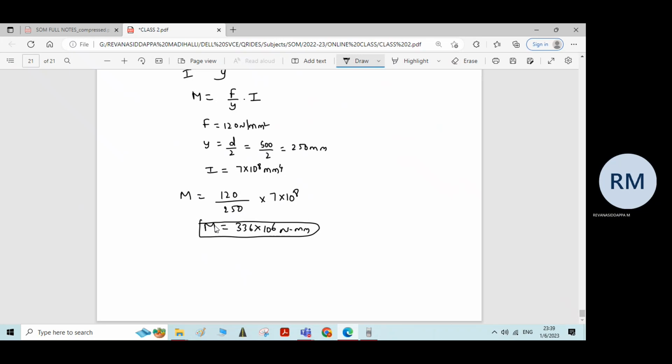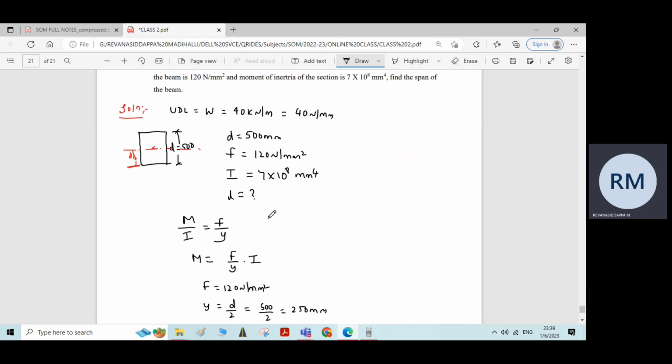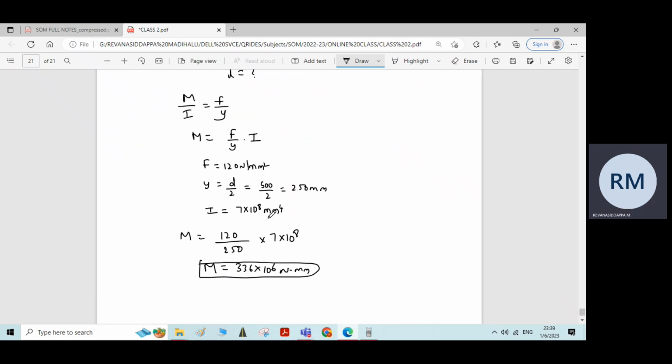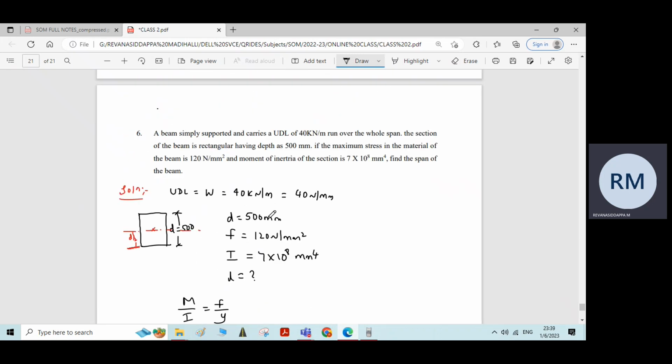Okay. What is the question here? Here we have to find the span of the beam. Okay. The condition of the beam is given, that is, it is simply supported. The loading condition on the beam is also given.